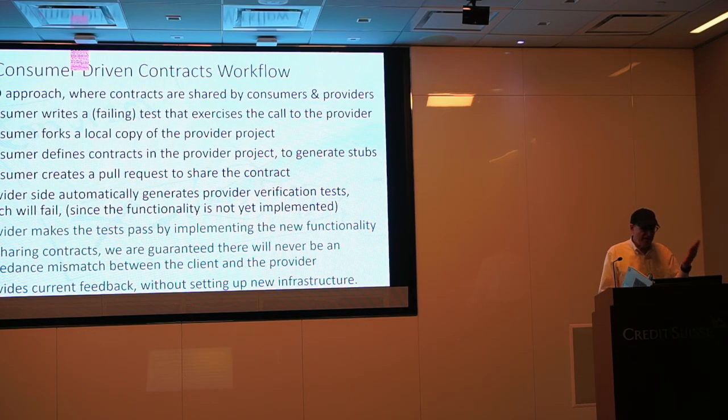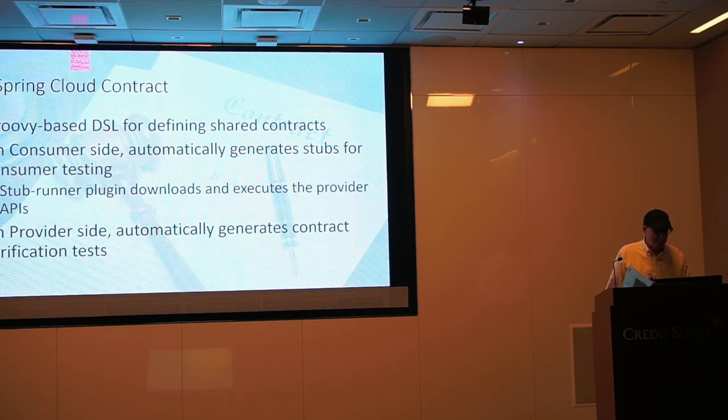So now the provider gets the pull request, they get the contracts, and they see that the test is now broken. They have to provide the functionality that will fix that test. They make the test pass by implementing the new functionality. So by having the shared contracts, we guarantee that the provider and the consumer are never going to be out of sync. It gives us immediate, current, accurate feedback without having to set up any new infrastructure.